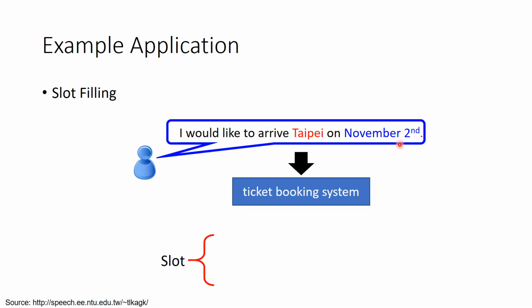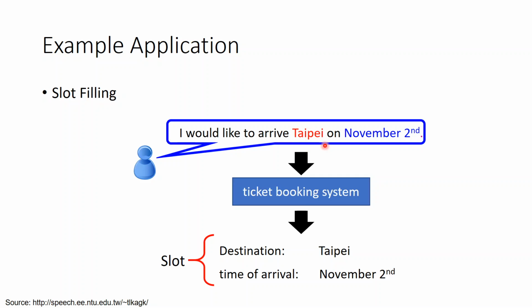The slot will fill this sentence and pick up the keywords like the destination and the time of arrival. From this sentence, we can pick up the destination is Taipei and the time of arrival is November 2nd, and these are the slots.